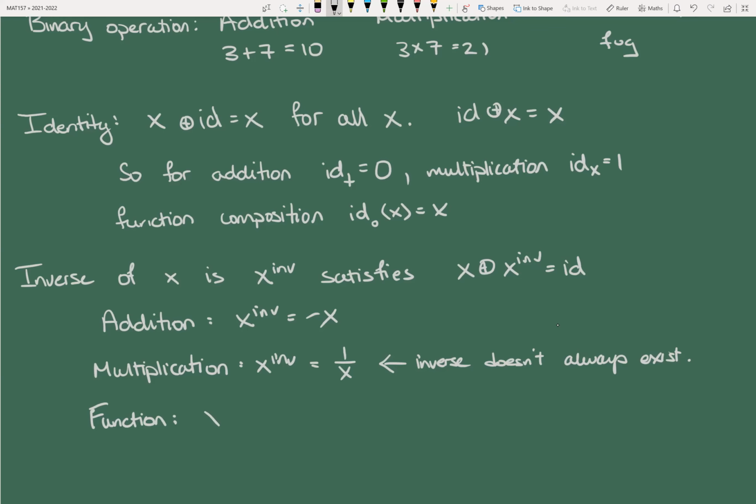So let me call it F inverse, the inverse thing, right? What this means is that F inverse composed with F has to be the identity, and F composed with F inverse has to be the identity, okay? So by definition, the inverse map must work on both sides.